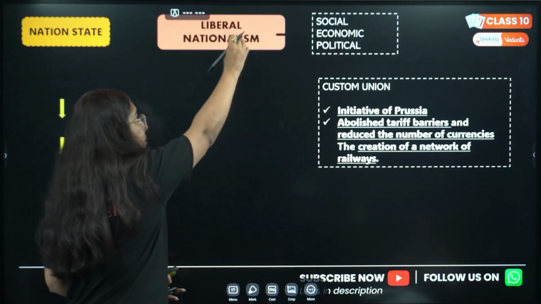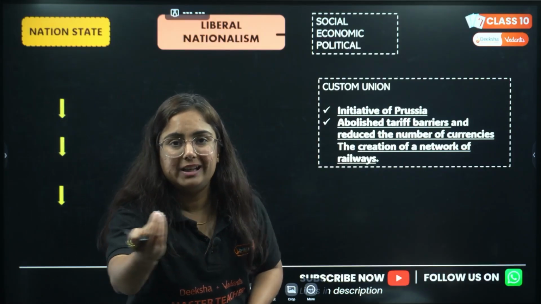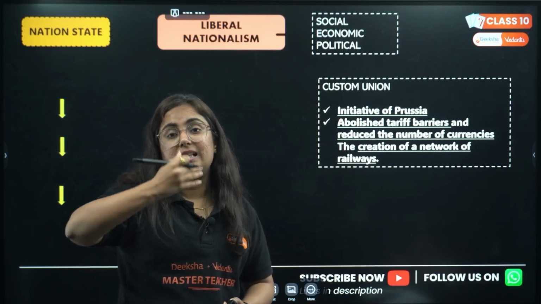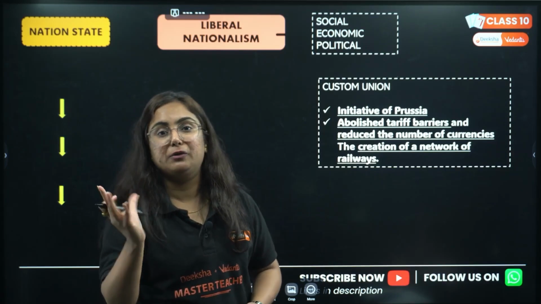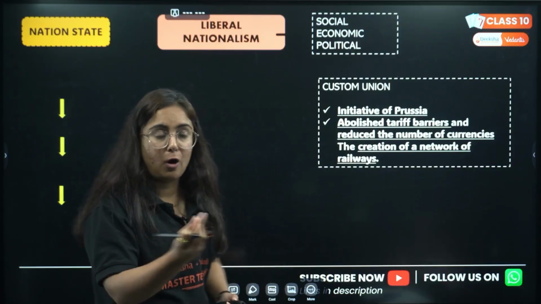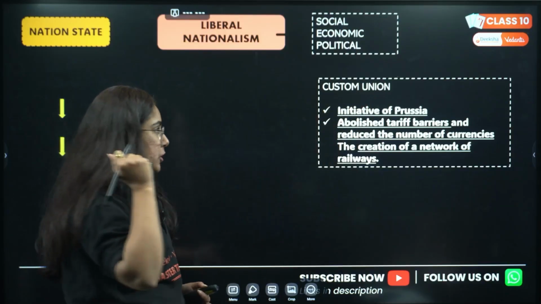Now, because of this liberalism, a concept came in certain states, German states, which were led by Prussia. They said, okay, let's bring economic unification, let's bring economic liberty. So a group was formed, that's the Custom Union, by the initiative of Prussia. Right?